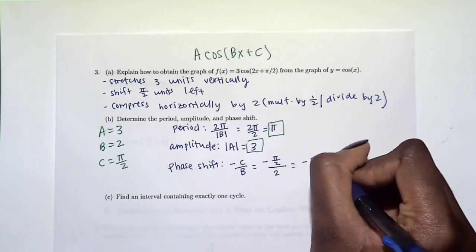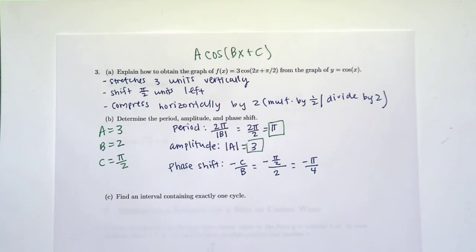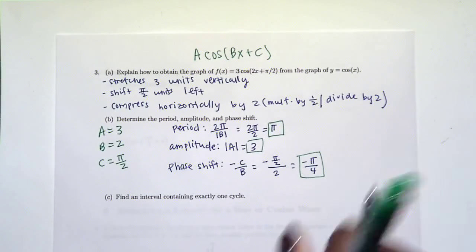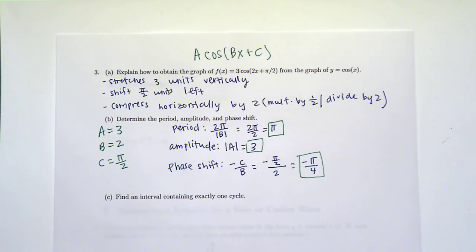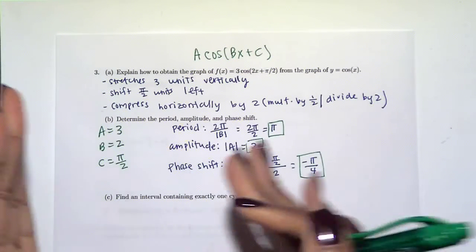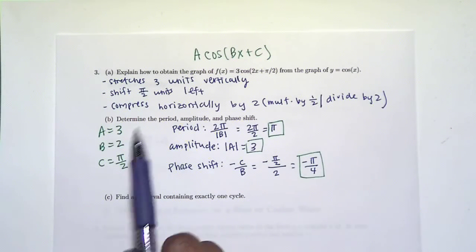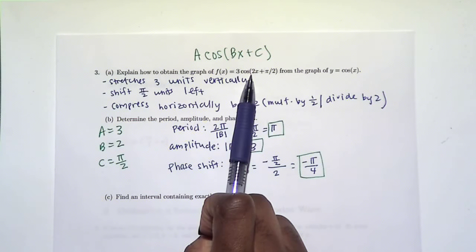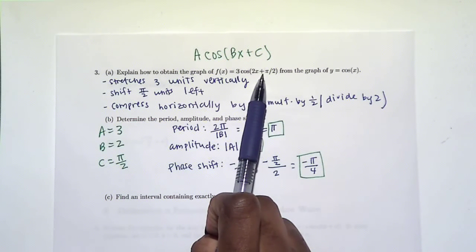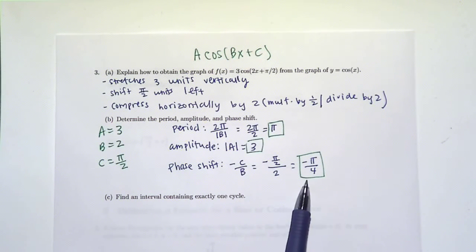So negative pi over 4 is our phase shift. All right, so what's nice about the phase shift, it actually tells us how much we're shifting, and it takes into account this division by 2 as well as the shifting to the left. So we're moving to the left pi over 4 units. All right, so we have all of our pieces.